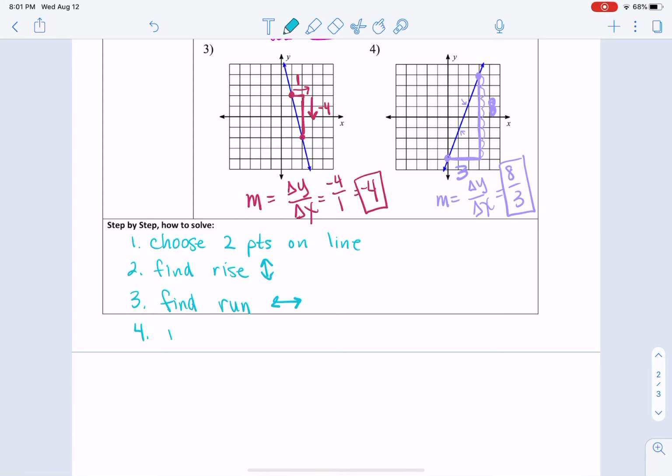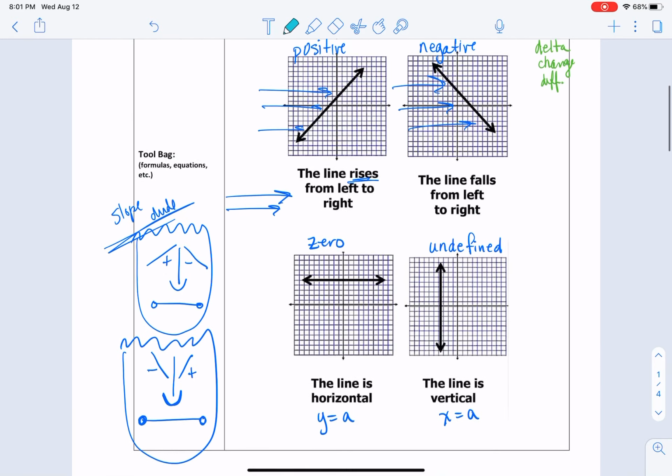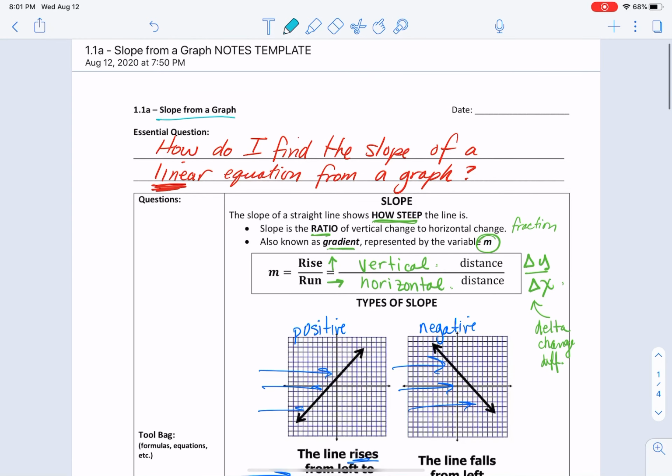And fourth is to write a ratio, making sure that we simplify. And that is how we find slope from a graph.